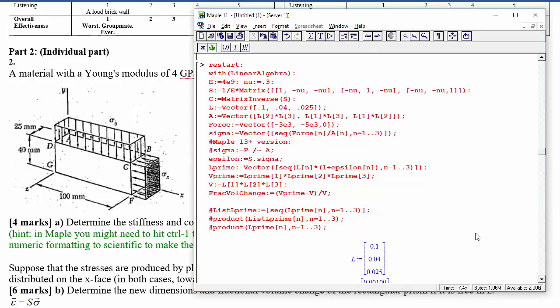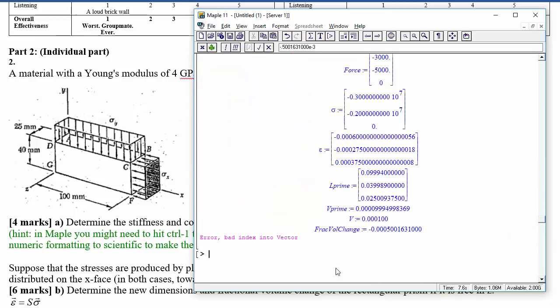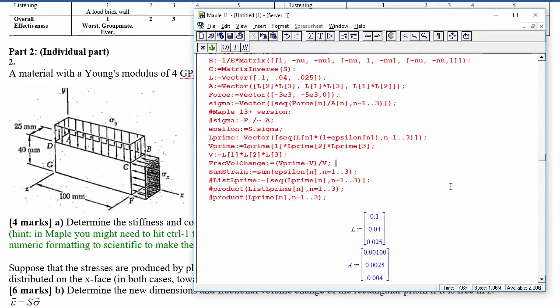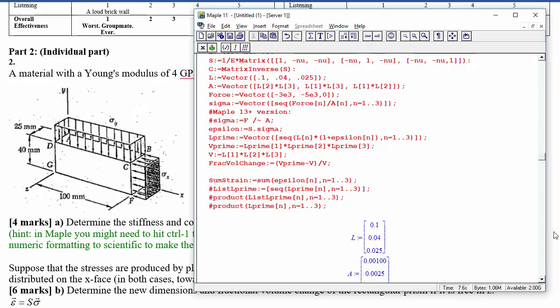So let's see how that compares to the sum of the strains. Now, I'm guessing this is probably not going to work either. Yeah, bad index into vectors. But if we convert that to a different container, that probably will work.